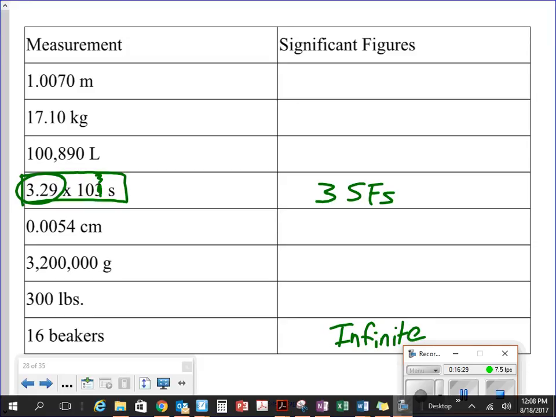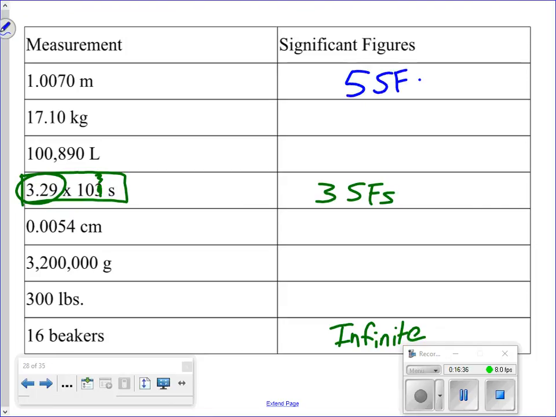So 1, 0, 0, 7, and 0 are all significant, so I should have 5, 6, 6. Now, using the rules, 1 and 7 are significant because they're not 0. These two zeros are sandwiched zeros, so they're significant. And then this 0 is a trailing 0, but it's significant because there is a decimal point.